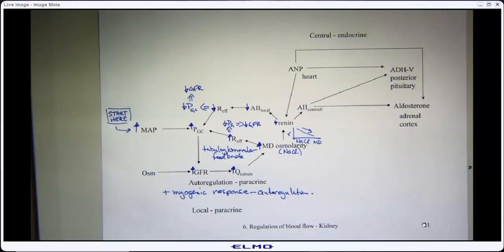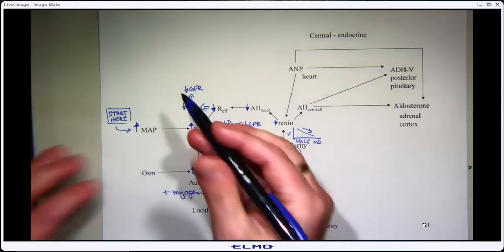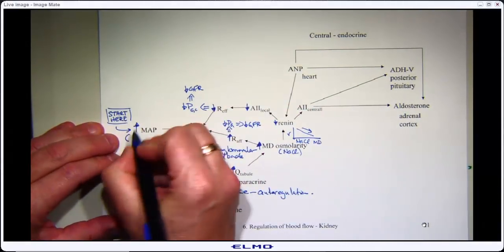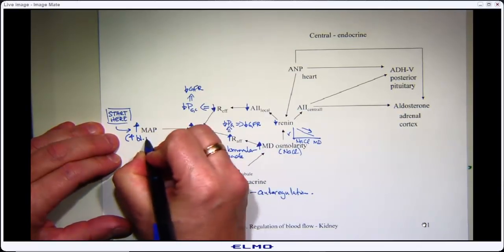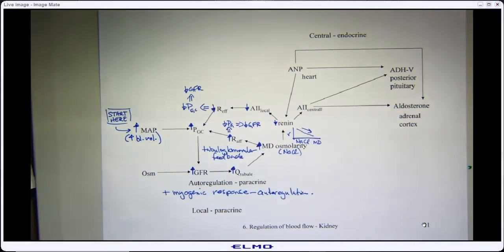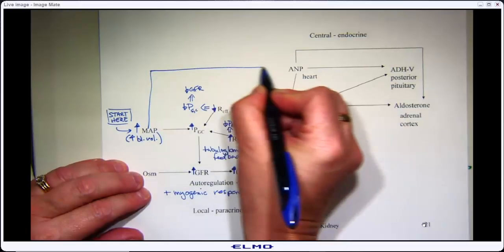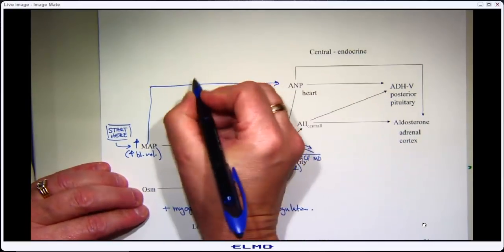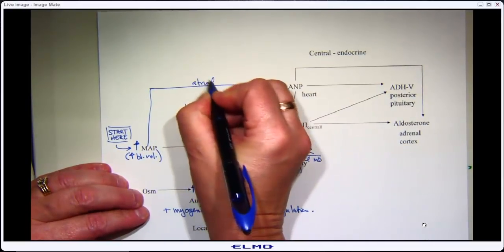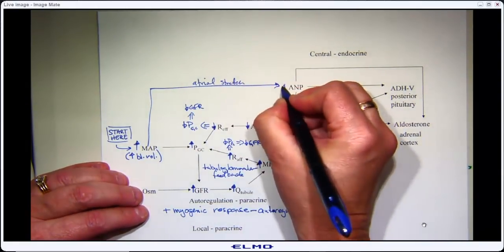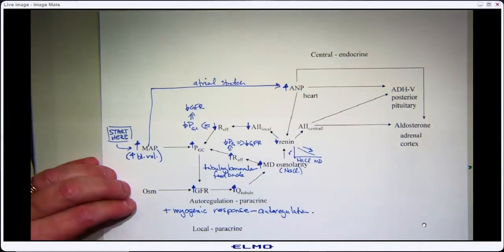So we do know that if we did have an increase in mean arterial pressure, then let's say this was due to an increase in blood volume. Okay. Then an increase in blood volume would result in atrial stretch. Which would increase atrial natriuretic peptide.